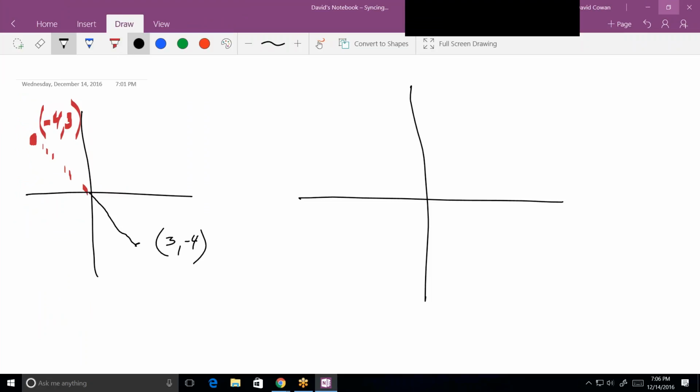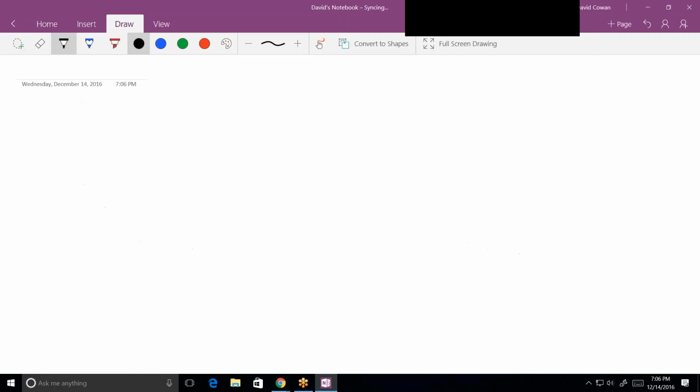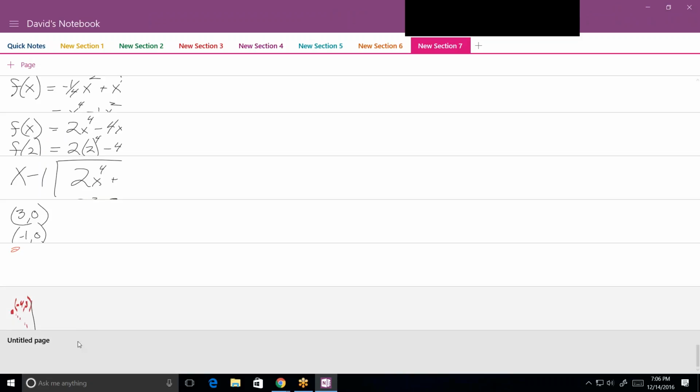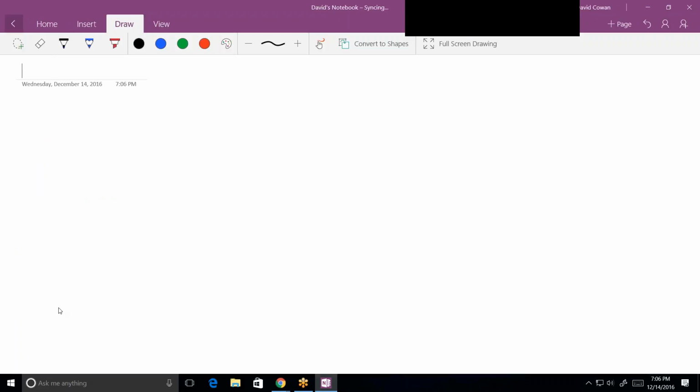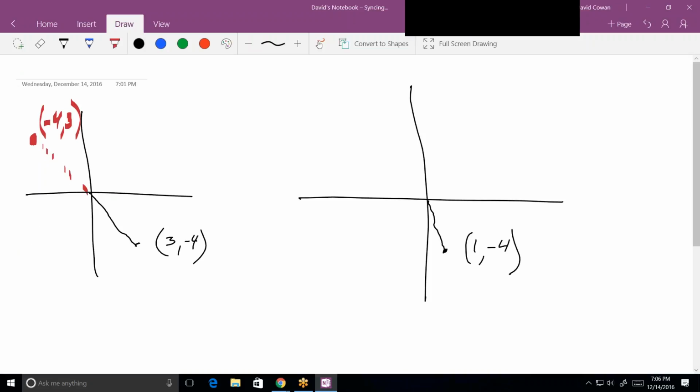The way I figured it out was I drew something that had a little more slope to it, and I put points 1 comma minus 4 on that point, and then I rotated that line about 180 degrees, and I ended up with that.